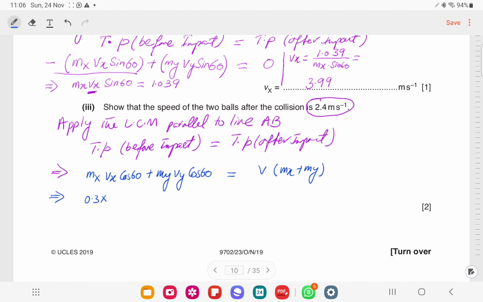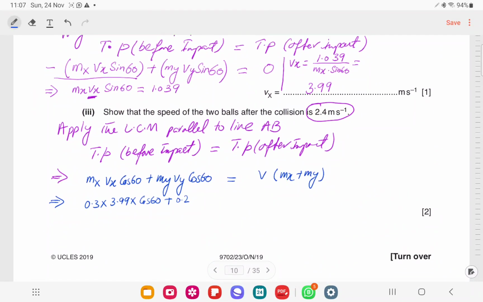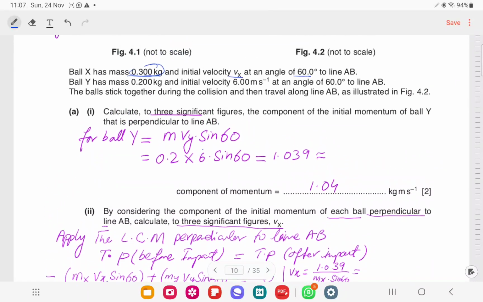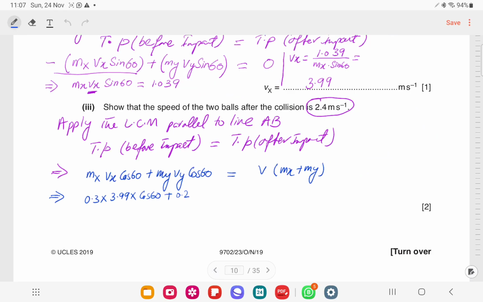Now Vx is 3.99 into cos 60 plus my was 0.2, mass of y was 0.2, velocity of y was given to us as 6 into cos 60 equals to v into 0.3 plus 0.2.